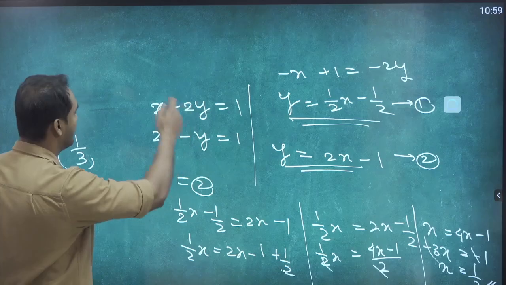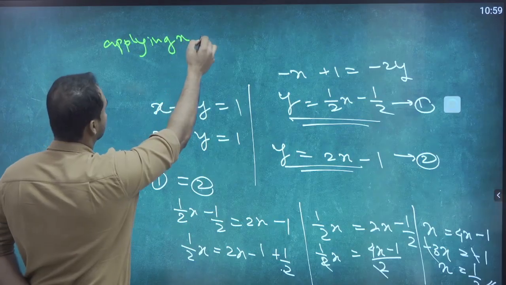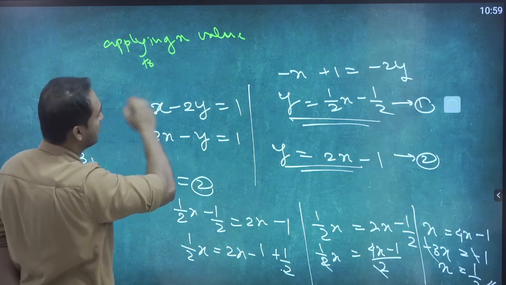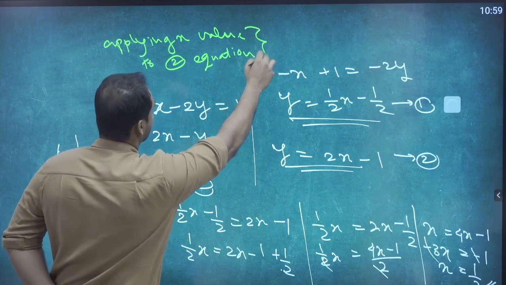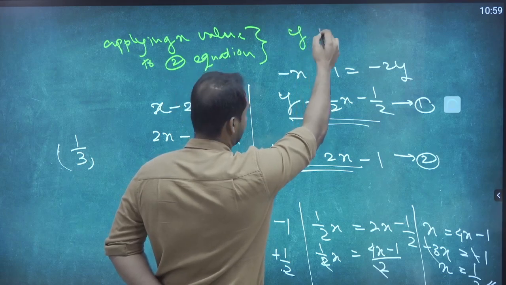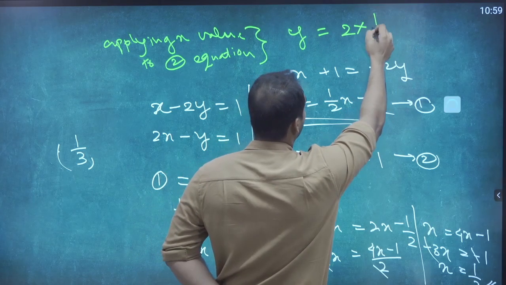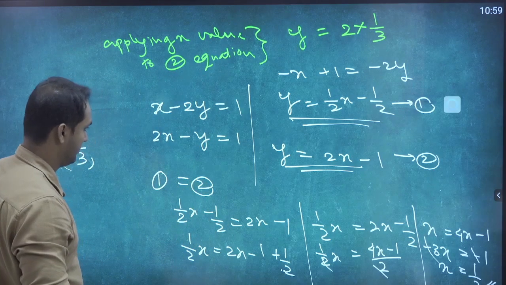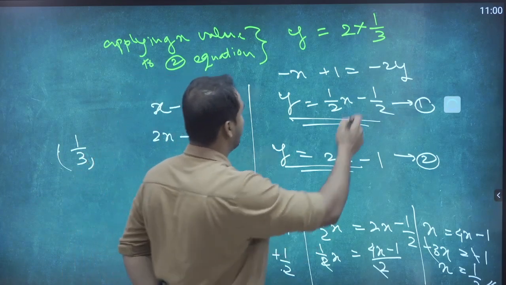Then what do we do? Let's put it in. Applying the x value to the second equation, y equals 2 into, what is x here? 1 over 3, minus 1.